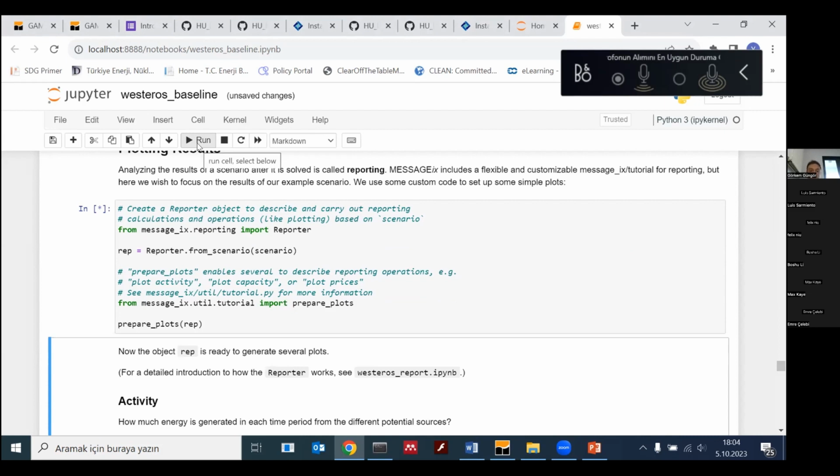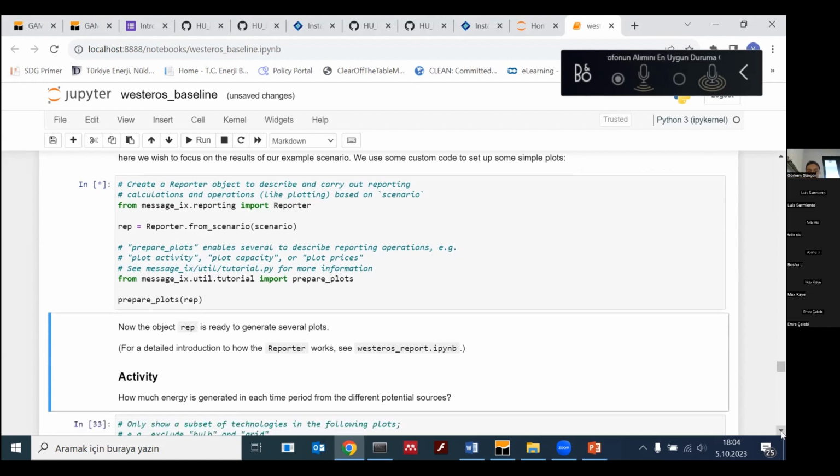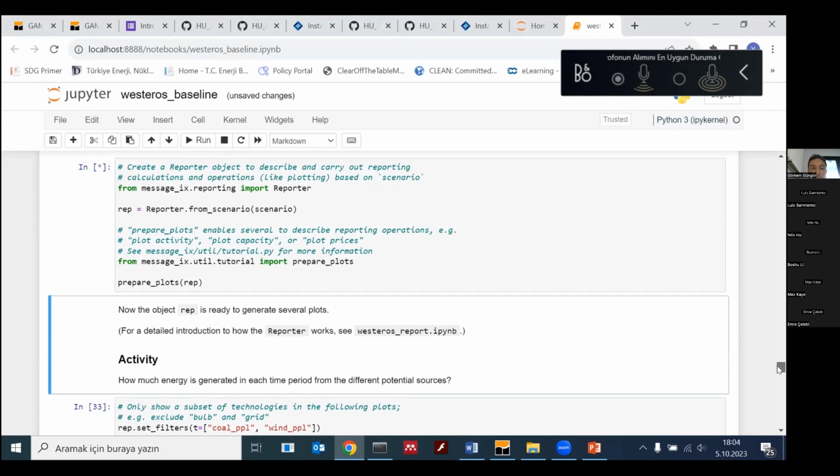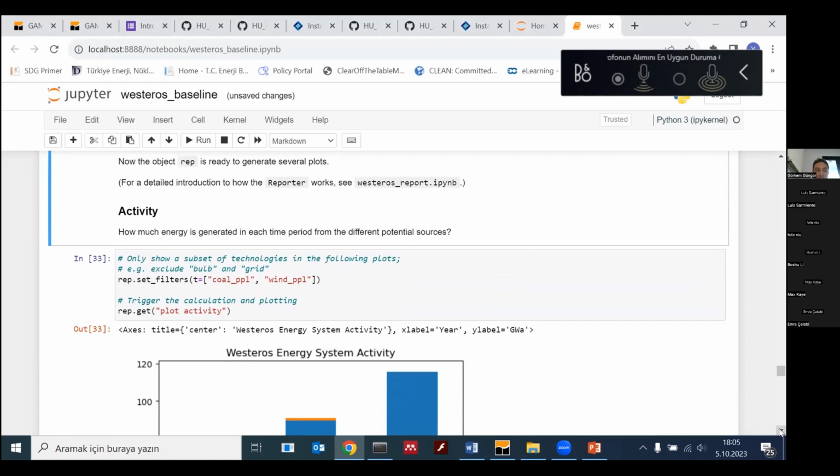Again, it takes some time. Okay, it took a bit more than I expected. So I have already generated the plots.